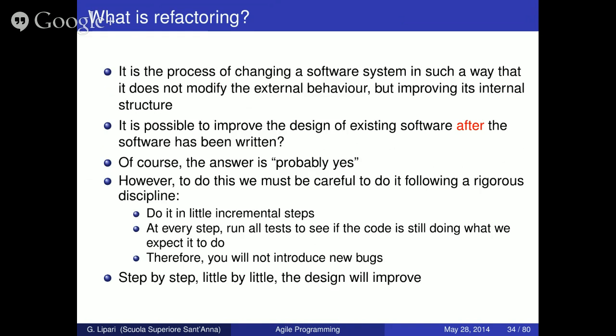And you implement one step, you run all the tests, and if everything goes okay, you implement the second step and you run all the tests. And if something fails, since the change is small, you can revert it back and you can understand what's going on. So step by step, little by little, you are going to improve the design.